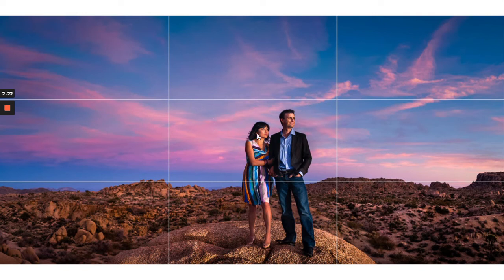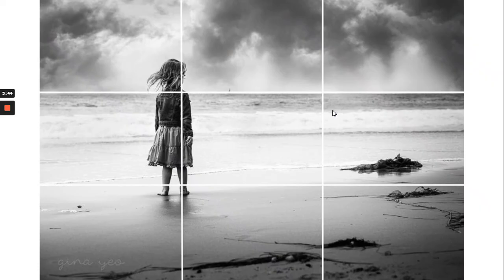It doesn't have to be exactly in the middle. It's nice that it's to the right a little bit, and they're actually looking off to the side, which is great, but it's mostly in that middle square, which means it's really balanced. Here's another example, where the subject matter, the little girl, is pretty much on that line there, which balances everything else out.